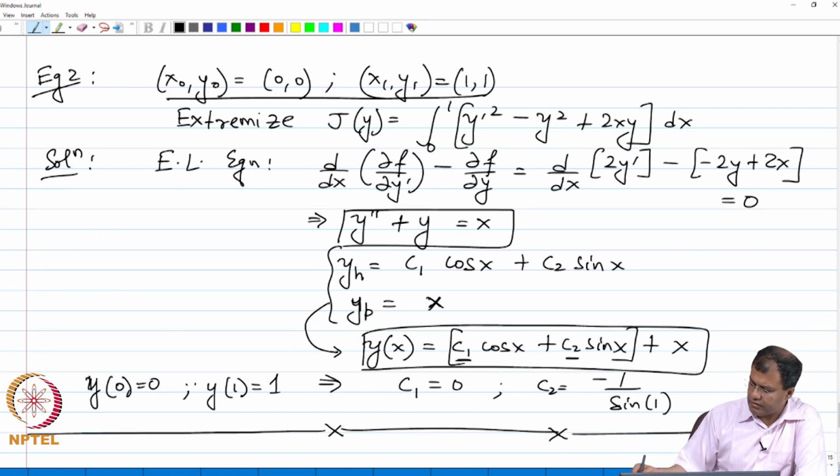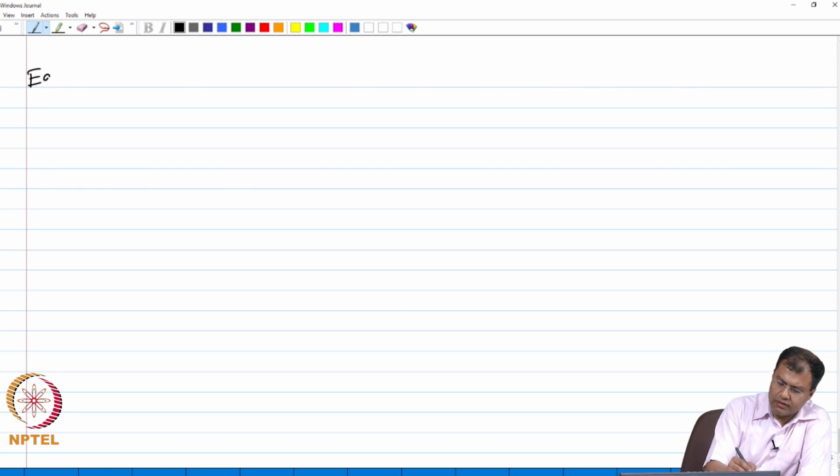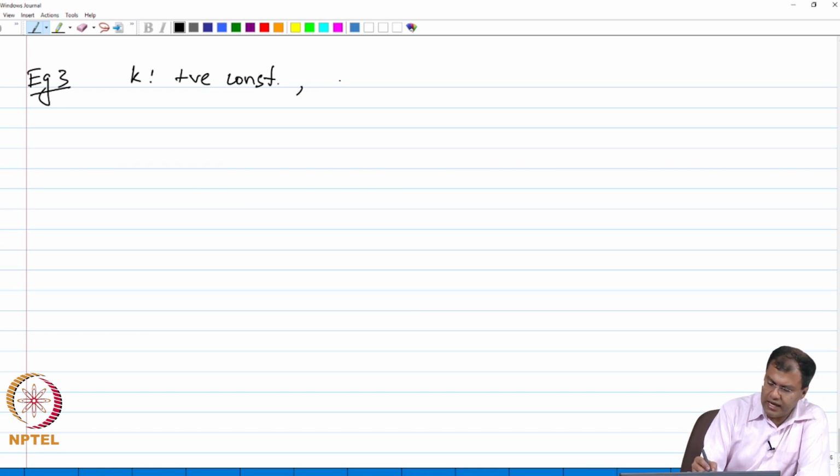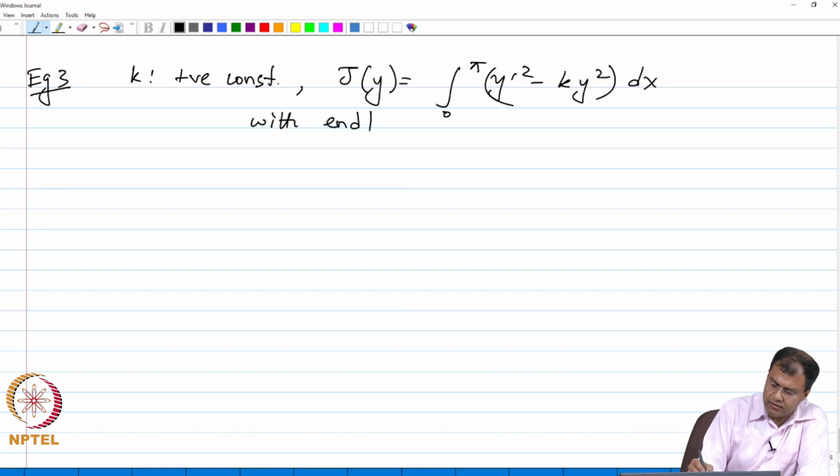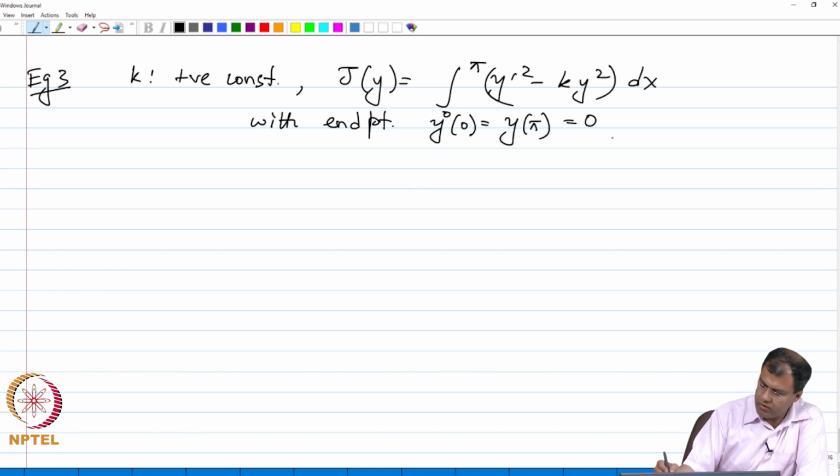Let us quickly wrap up this lecture by giving another quick example. Let us say I have a constant k. So, k is a positive constant and J is a functional which is given to be the integral from 0 to pi of y prime square minus k y square dx with endpoints y of 0 equal to y of pi equal to 0, right.